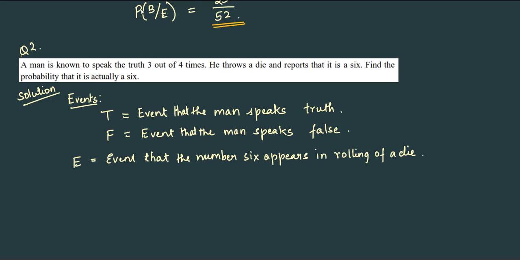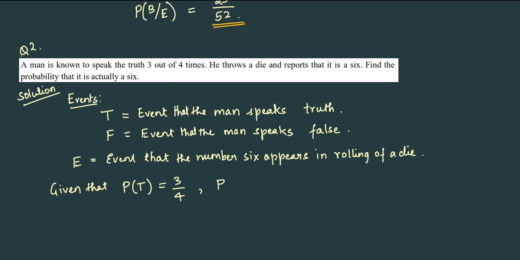So we can find the probabilities now. Given that the probability of the man speaking truth is 3 out of 4, what is the probability of his speaking false?